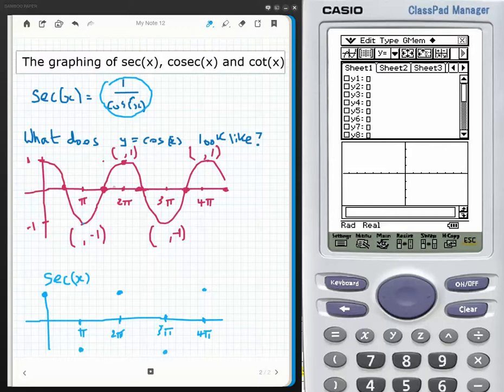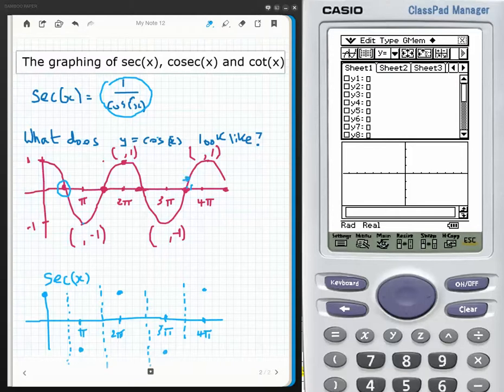The problem that I have at pi on 2 is 1 divided by 0 doesn't exist. So in actual fact, at pi on 2, I have an asymptote. I have an asymptote here at 3 pi on 2. I've got an asymptote at 5 pi on 2 and 7 pi on 2. And as x approaches here, this is going to be a really small y value.